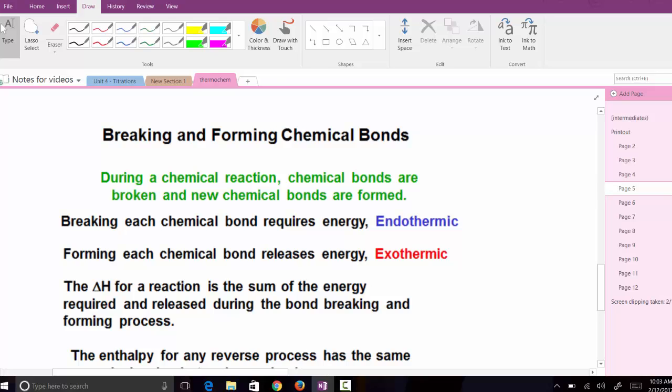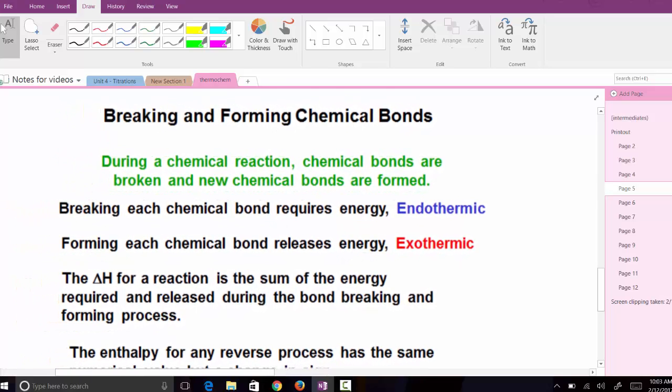Now, we're going to do some calculations with breaking and forming chemical bonds. The key thing to think about is that the delta H for a reaction is the net energy change when we look at the energy required to break the bonds of the reactants and the energy released when the product bonds form. Breaking bonds requires energy.